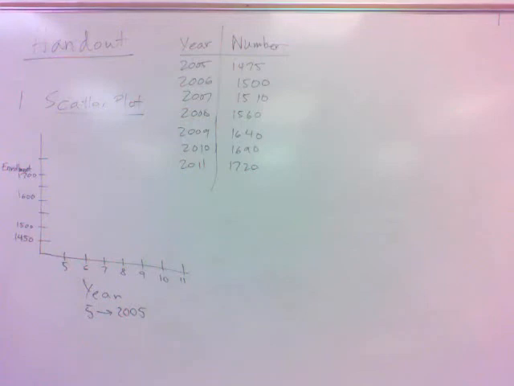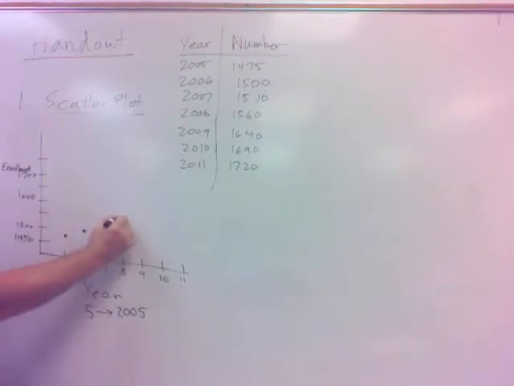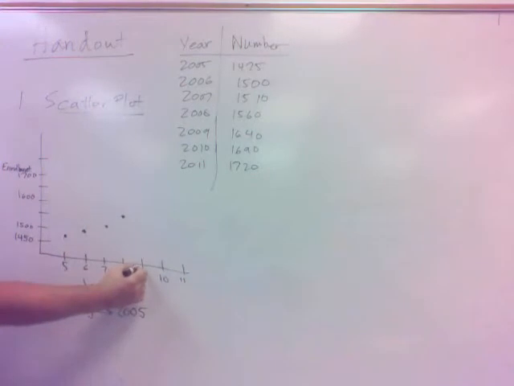Okay? And so I've got 2005, 1475; 2006, hey, that's nice, right at 1500; 2007, 1510; 2008 is 1560, so that would be right about in here. 2009 is 1640, so it's close to that one.